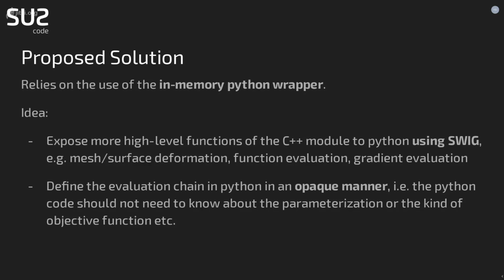And it should be, I think, in a rather opaque manner. So that means the Python code should not need to know about the kind of objective function, for example, right?